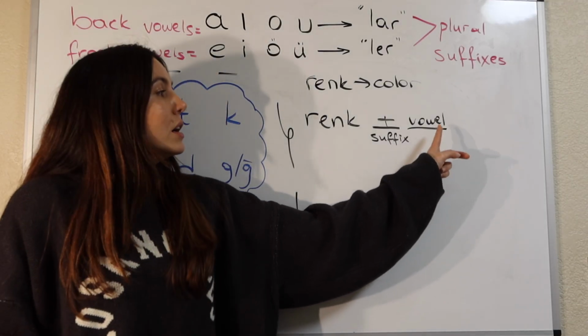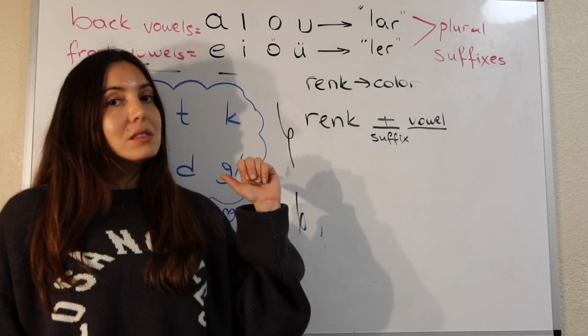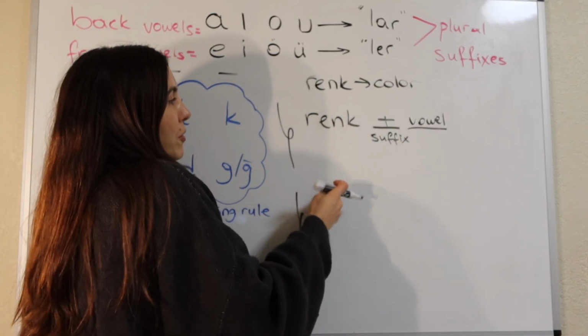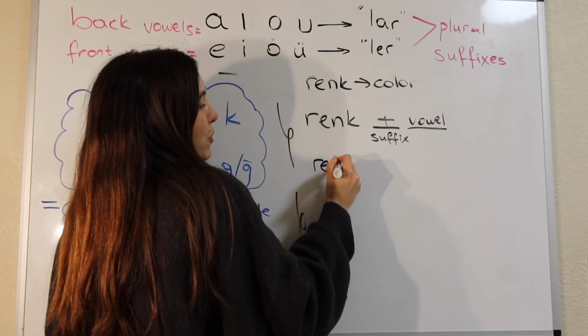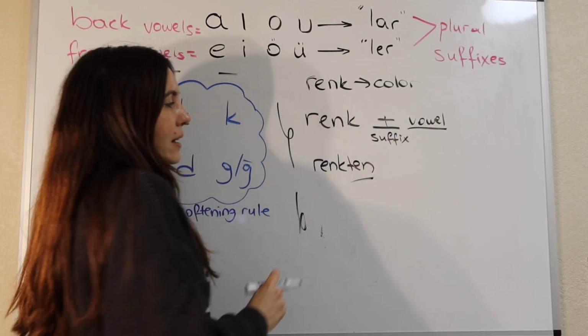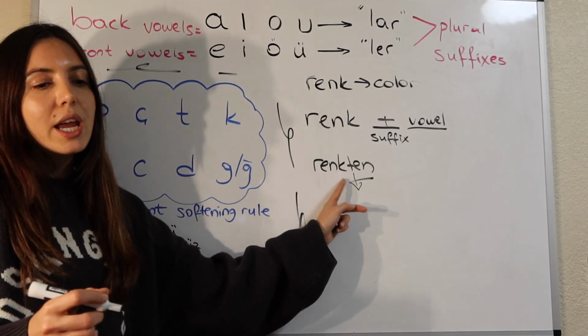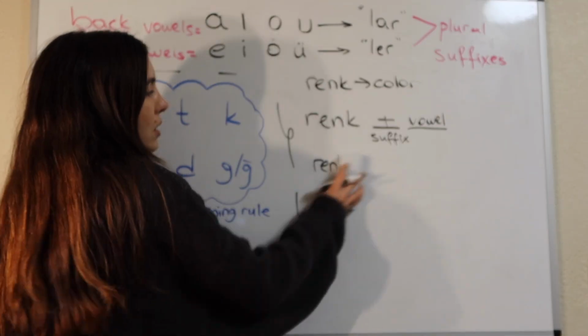If it gets a suffix that starts with a consonant, it's not going to change. It's going to stay the same. So if we say renk, like from the color, renkten, see, this is a consonant, and it did not change or soften the word.